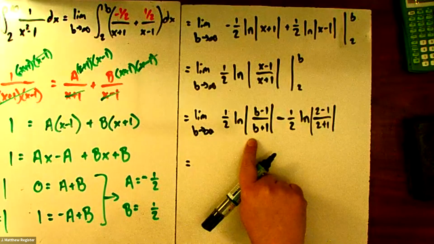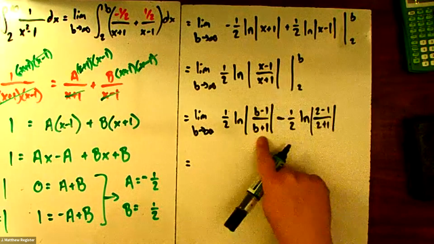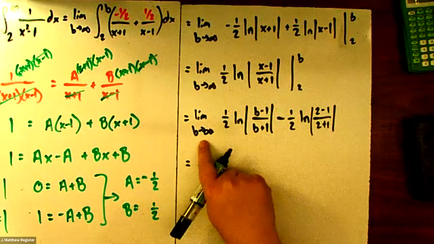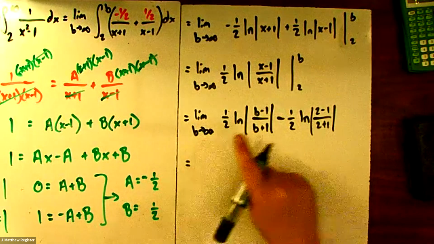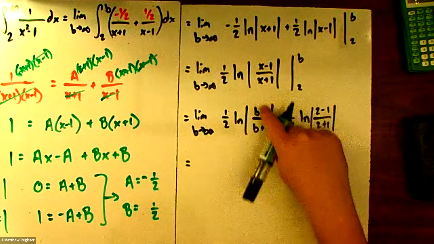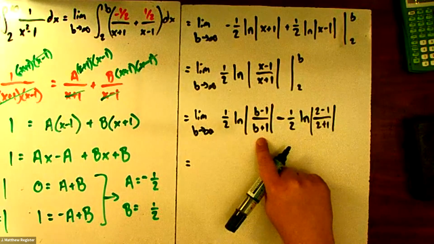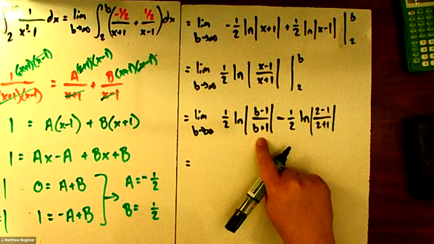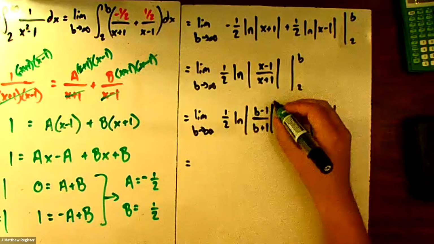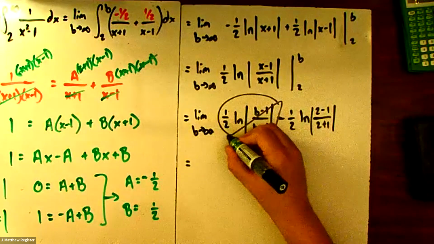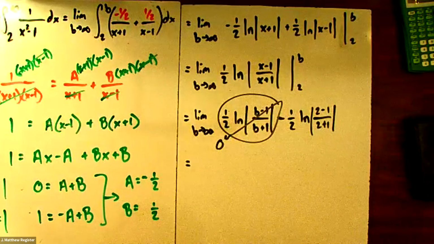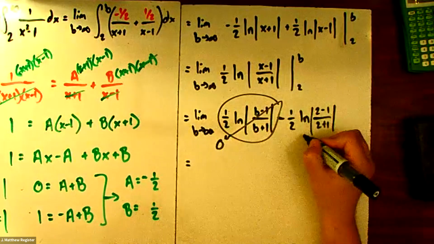Looking at this first one, b minus 1 over b plus 1, as b goes to infinity, this is going to become the natural log of 1. And natural log of 1 is 0. So this term goes to 0, which leaves this term.